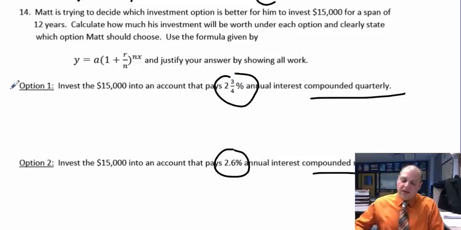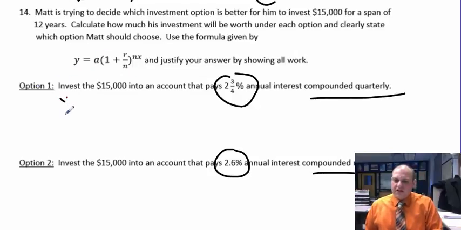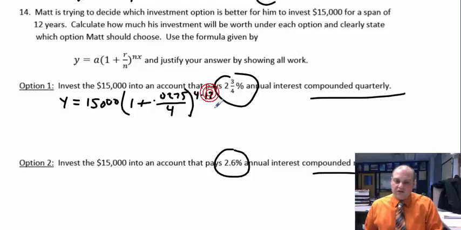All right. So what we have is this formula here, and we've done a bunch of these, right? So I'm just going to fill this out for you. The rate, 0.0275 divided by 4, because it's compounded quarterly, and that gets raised to the 4 times 12, because it's 12 years and it's 4 times per year.